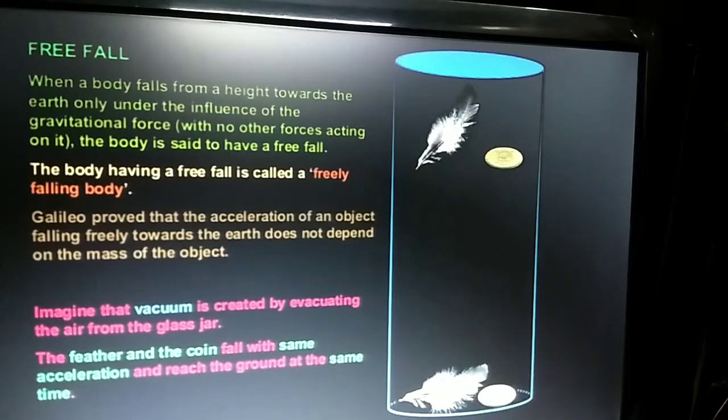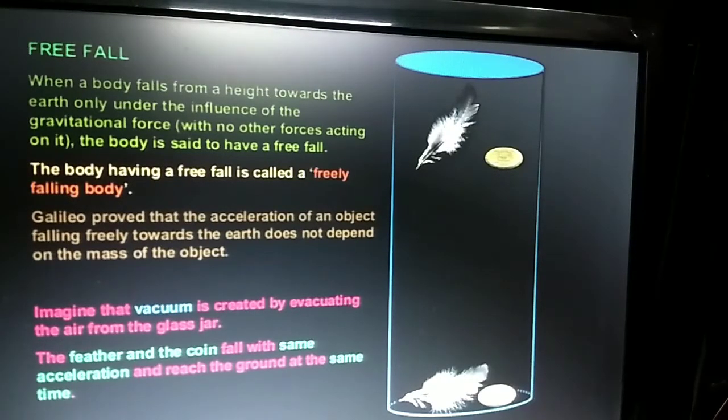Robert Boyle used his newly invented vacuum pump to evacuate the air from a long jar containing a lead bullet and a feather. Then he inverted the jar and found that both the bullet and the feather reached the bottom of the jar at the same time.